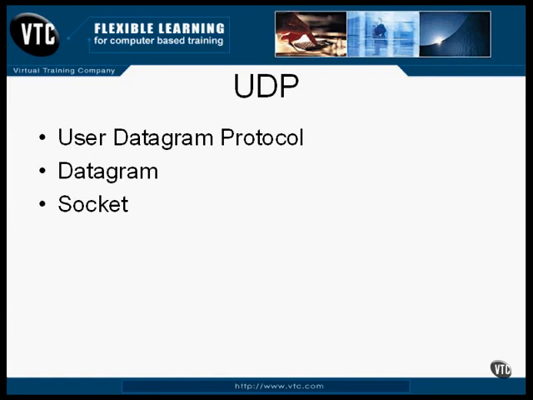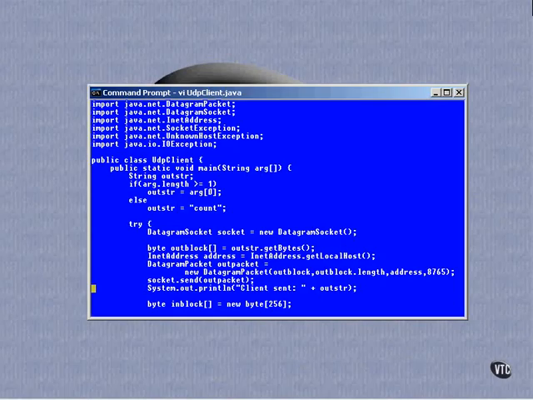Like with TCP, you can set up a client and server that work with sockets, but there are some differences. The main difference is it is a connectionless communication. This is a UDP client program. You can send any kind of information you'd like in a datagram because the data is just an array of bytes.